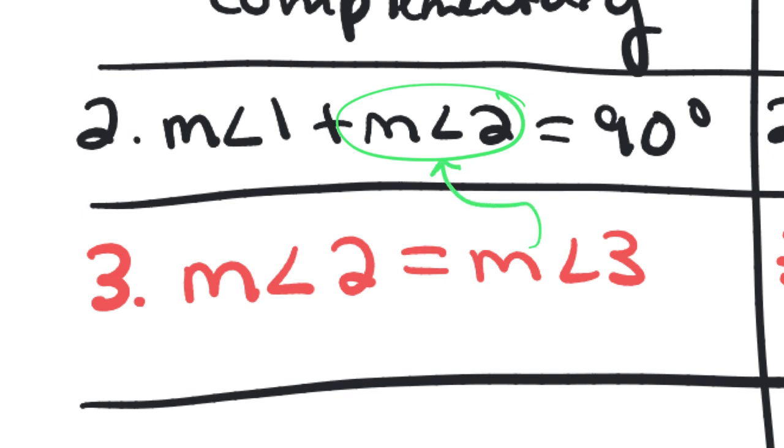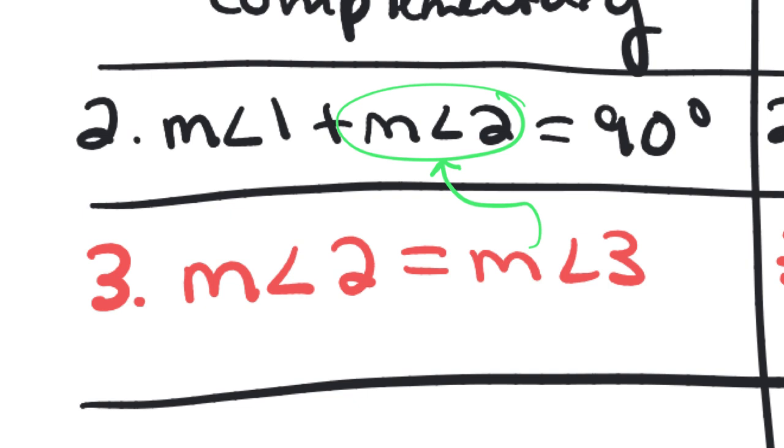So since angle 3 is the same thing as angle 2, we're going to replace angle 2 with angle 3. This is not transitive property because angle 2 is being added with angle 1, so I can't just cross these off like we did before. It doesn't work that way. This is called substitution because we're replacing this 2 with a 3.